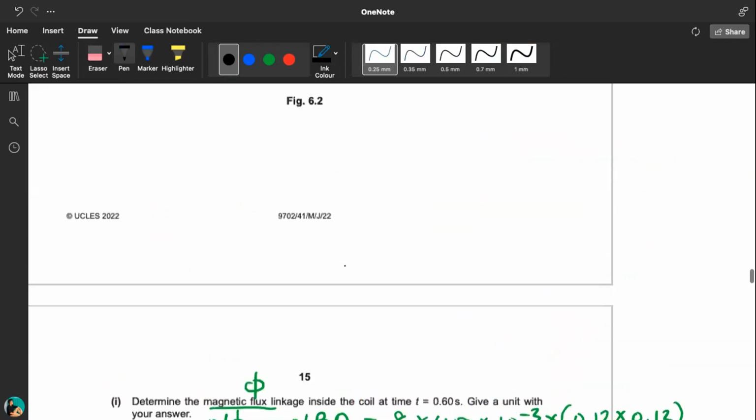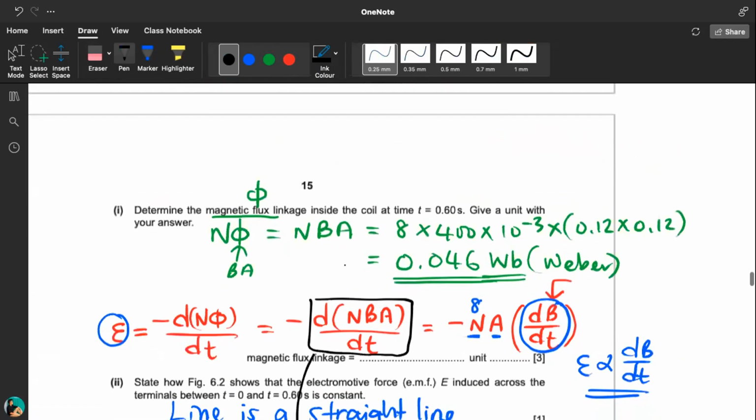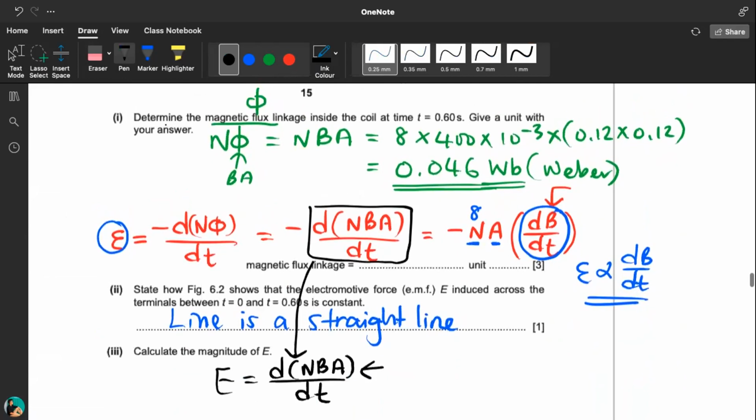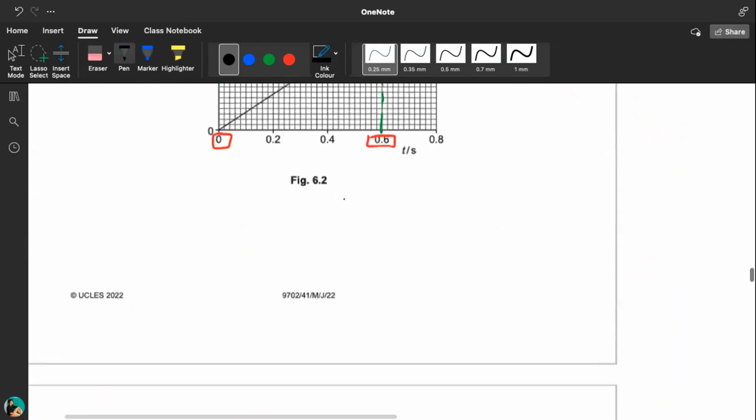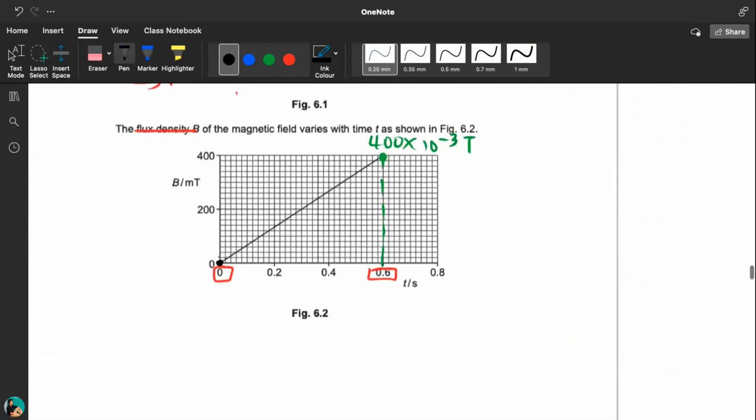I already got it from question 1. The flux linkage that you counted here, 0.046, is when time is 0.6 seconds. So if you want the change of the flux linkage, then you take the value at 0.6 seconds and minus out the value at 0. That means you would take the gradient of this graph.